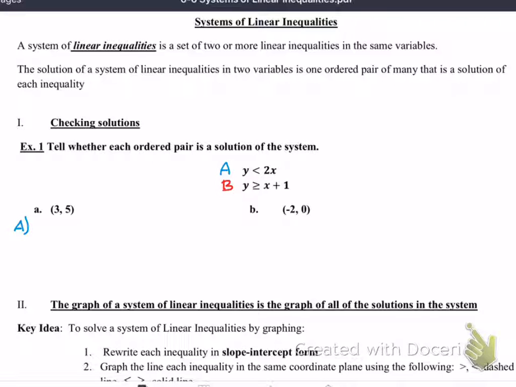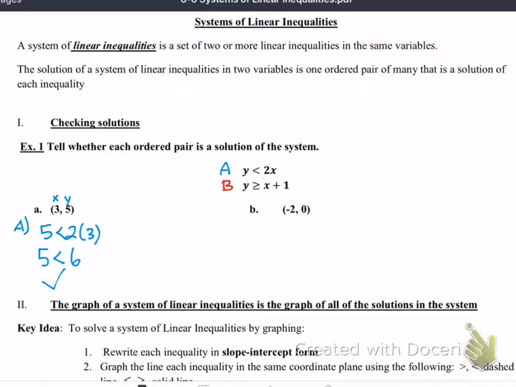With 3, 5 as my x and y, I'm going to replace that with 5 less than 2 times 3. And so I have 5 is less than 6. For line A, this works.